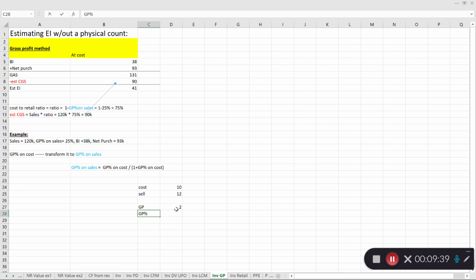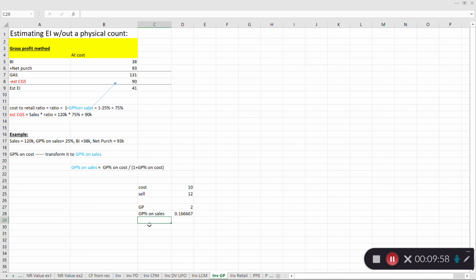It's going to be equal to the gross profit divided by either the cost or the sales. So if you divide it by the sale amount, that's 16%. This will be gross profit on sales. Whereas instead, if you define it as gross profit percentage on cost, then it's still the same $2 markup, but instead you're basing it on the $10.